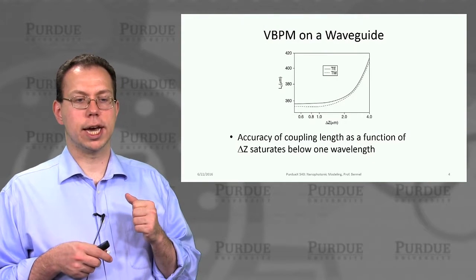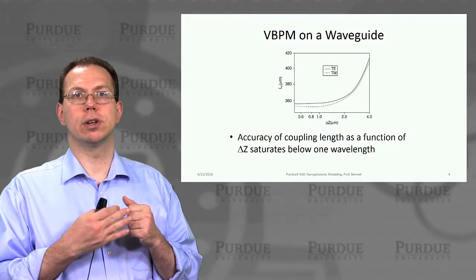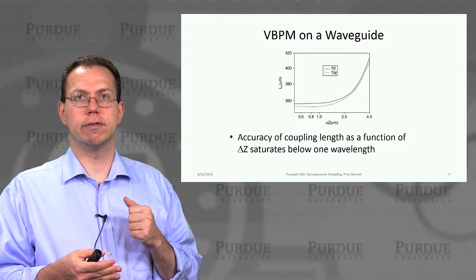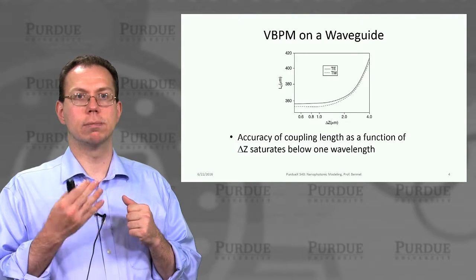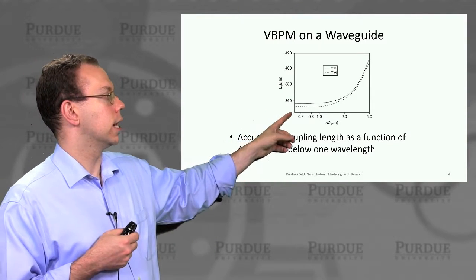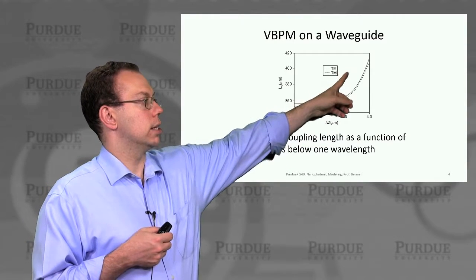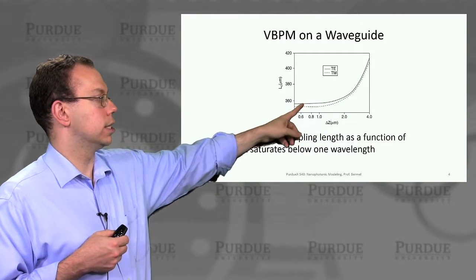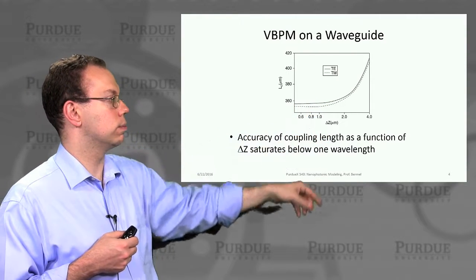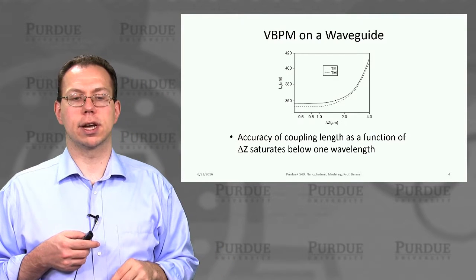And so then if we look at what happens as a function of our step size, which we mentioned earlier, we have to kind of guess at initially if we don't already know the effective index of our mode, which probably we don't since we're trying to solve for it, then you can actually see that as a function of the step size, you actually get a somewhat inaccurate answer if delta z is too large, but when delta z is below a certain threshold, which might be about 1, it looks like we actually get a pretty consistent answer for the coupling length.